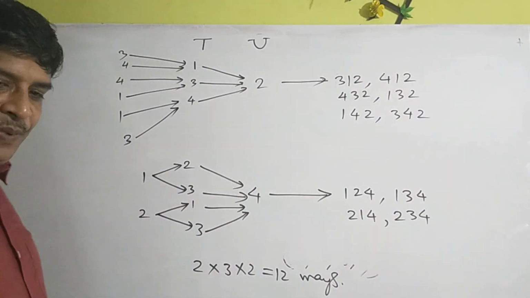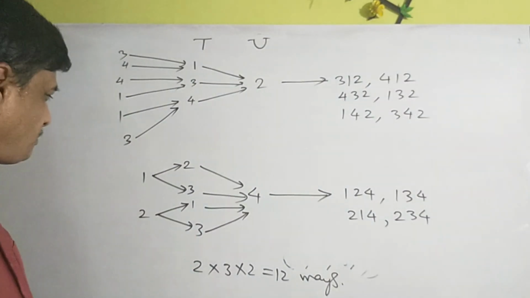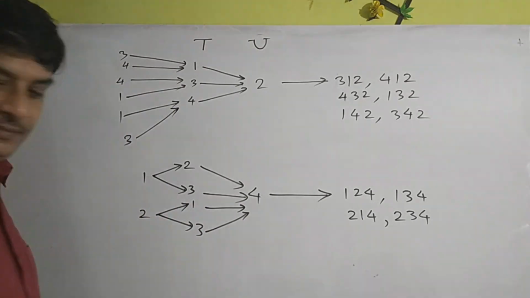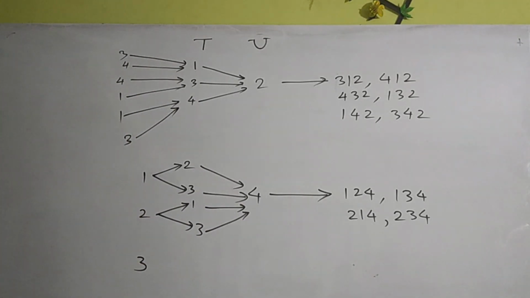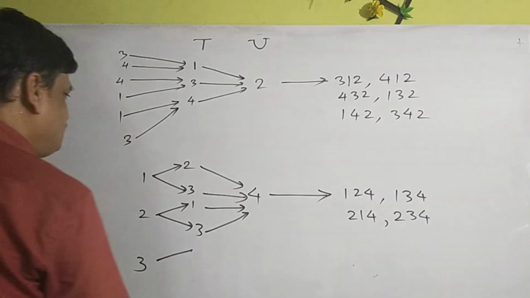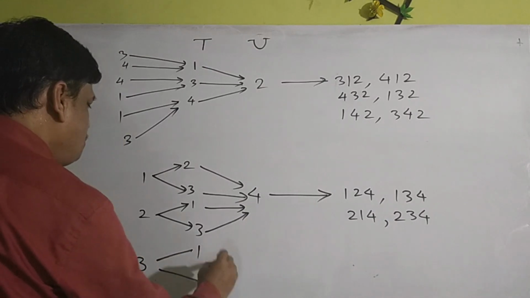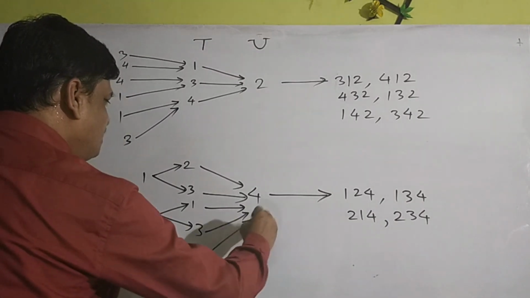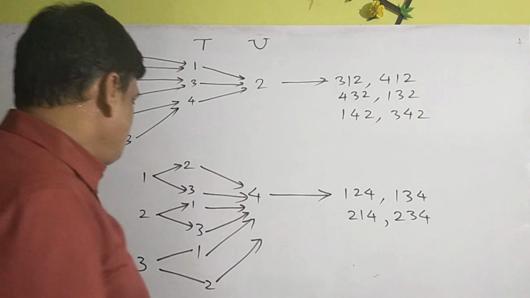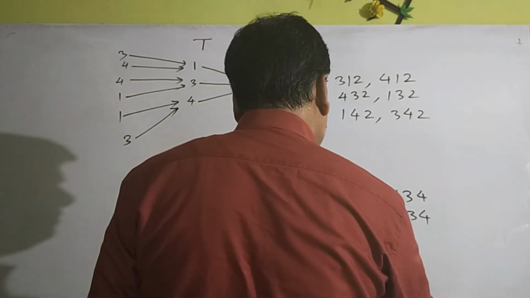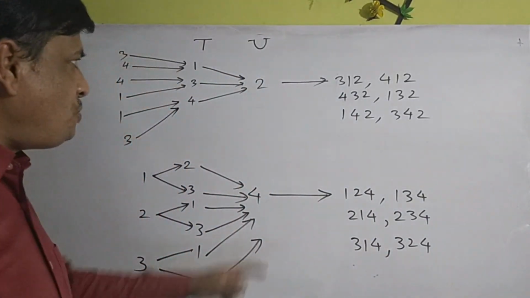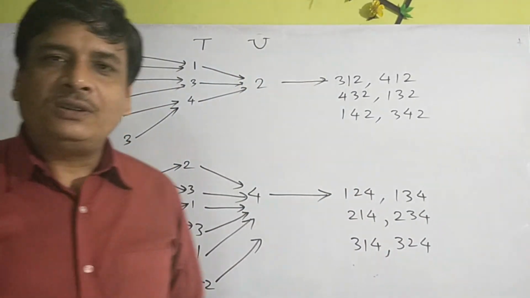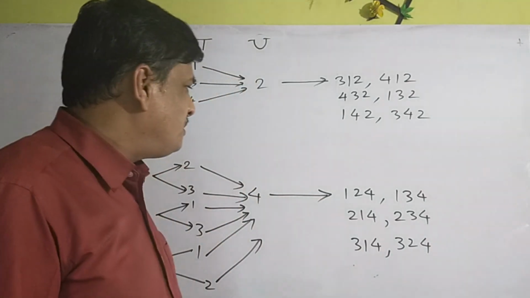When we take 3 at hundreds place, then the tens place will be 1 or 2, unit place the same digit 4. As a result, the numbers become 314, 324. So in this way, what we count, the total even numbers is 12.